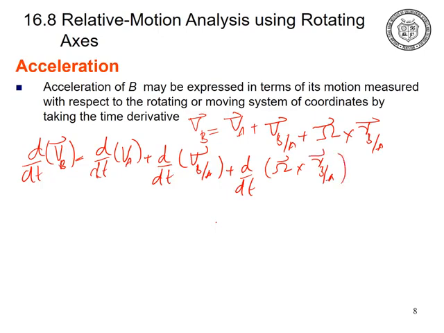As the positions of particle b and particle a were measured with respect to the fixed inertial frame of reference, the velocity and acceleration of the particles with respect to the fixed inertial frame become our absolute velocity and absolute acceleration. So the time derivative of the position with respect to the inertial frame becomes velocity, and the time derivative of the absolute velocity becomes absolute acceleration.